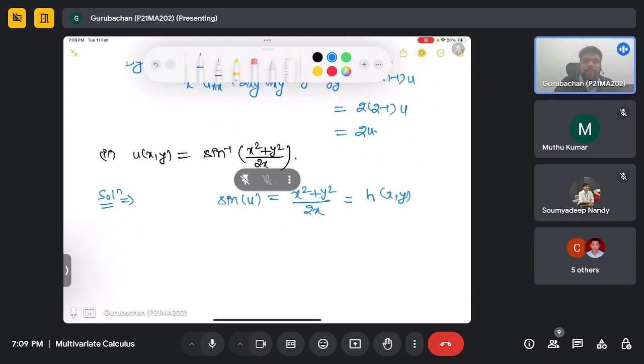Now please check whether this function h is a homogeneous function or not. It is not a homogeneous function. Why?